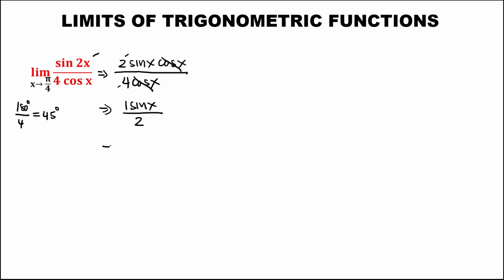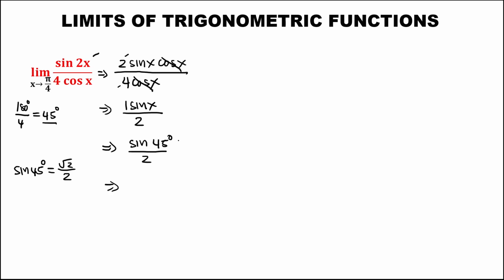So the numerator is 1 times sine x over the denominator 2. Then substitute now the value for x, that's 45 degrees, because x is an angle, so this becomes sine 45 degrees over 2. Since 45 degrees is a special triangle, sine 45 degrees is equal to square root of 2 over 2.